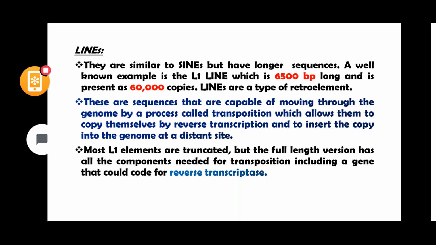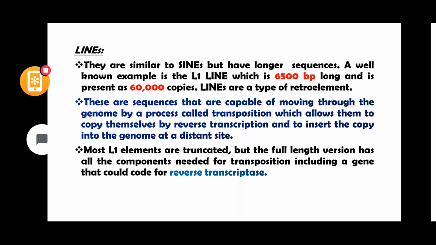The example of LINE is the L1 LINE element, like in SINE it was the ALU element. L1 is 6500 base pairs long and is present in 60,000 copies, fewer than SINE sequences, which were present in 1 million copies.